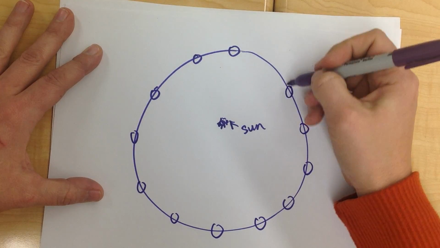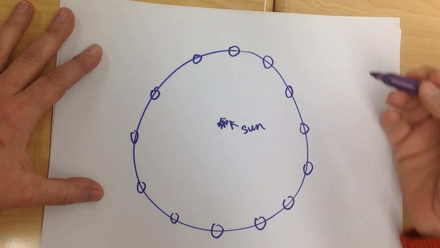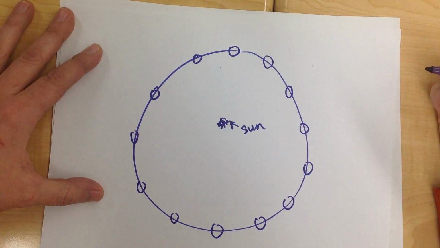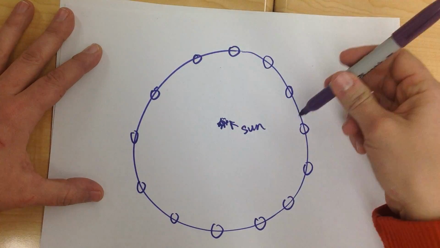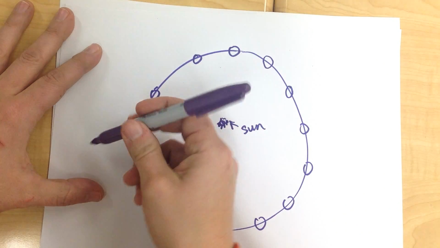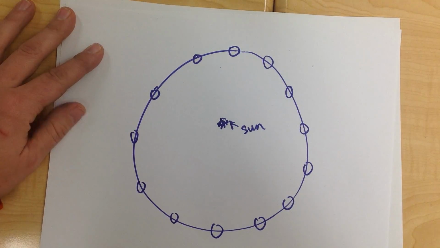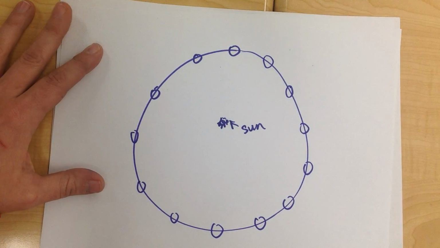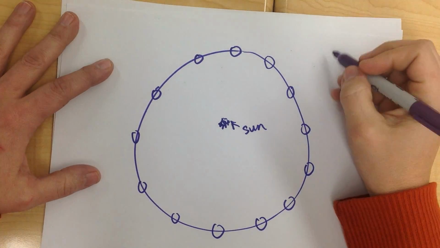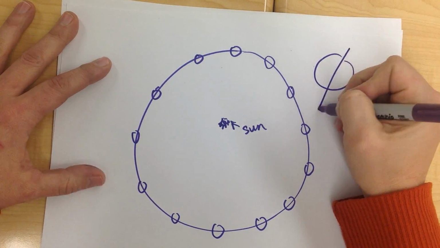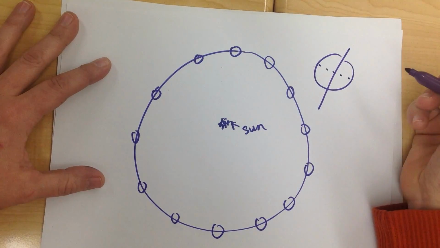Now we're always pointing the same direction in space. So as we go through our orbit, that tilt is going to cause us to be pointing towards the Sun in this location maybe, and pointing away in another location. Now, here's a problem. A lot of you learned that the tilt of the Earth causes us to have seasons.